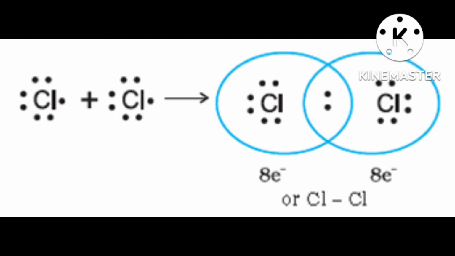Why are only certain combinations possible? This is the second question. Third question: why do some atoms combine while certain others do not? Fourth question: why do molecules possess definite shape?